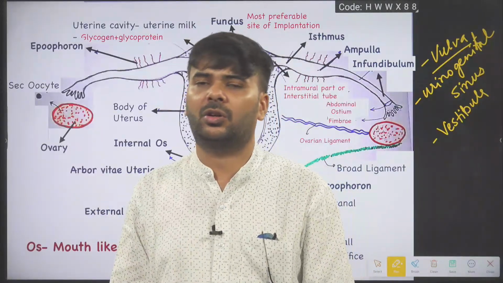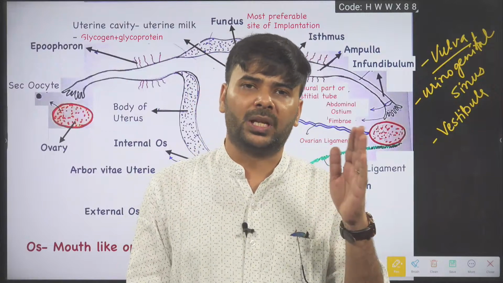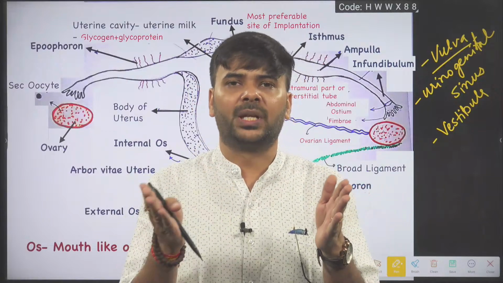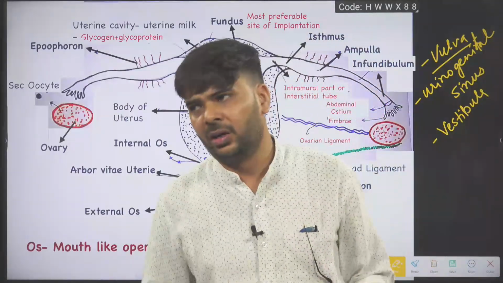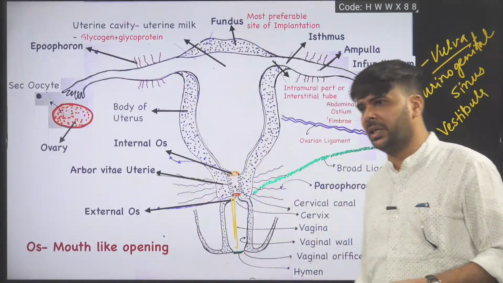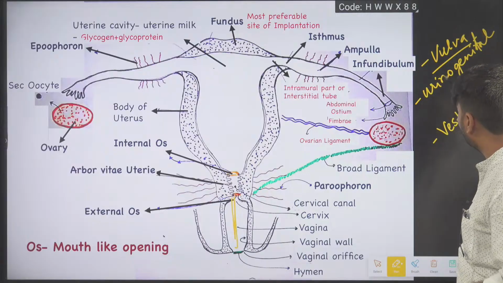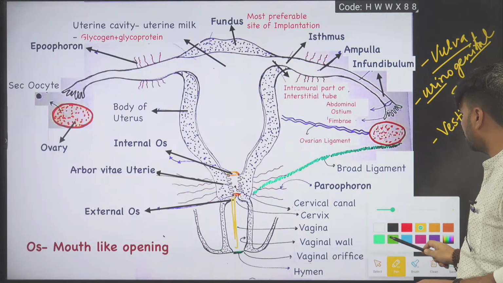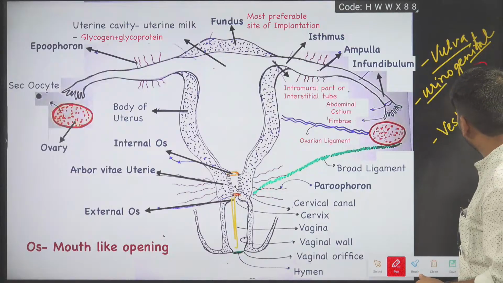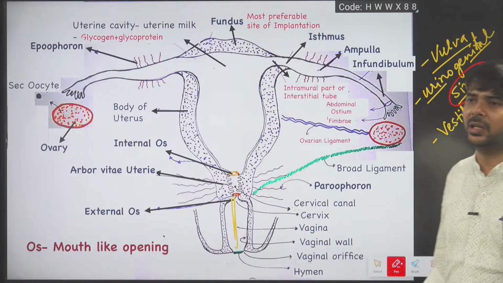But in the case of female, the urethral opening is separate, the vaginal opening is separate, and both open separately in the vulva. So that's why it is called the urinogenital sinus. The word sinus means open space. Clear everyone?